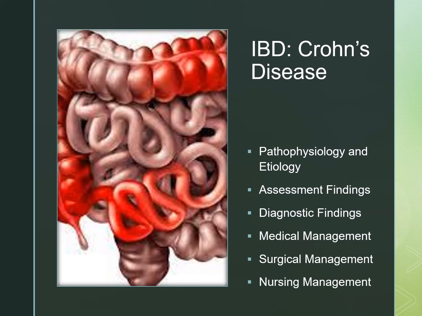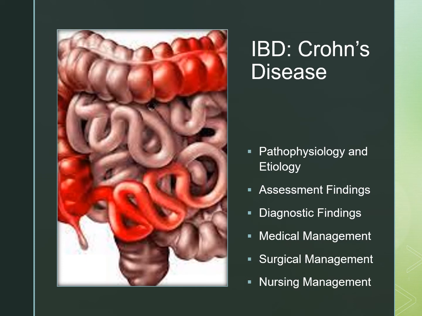We may see genetic predisposition, smokers, Caucasian with European or Jewish history as being more prone to Crohn's disease. These clients will have bilateral lower quadrant distension, tenderness, chronic diarrhea, fever, and growth failure.